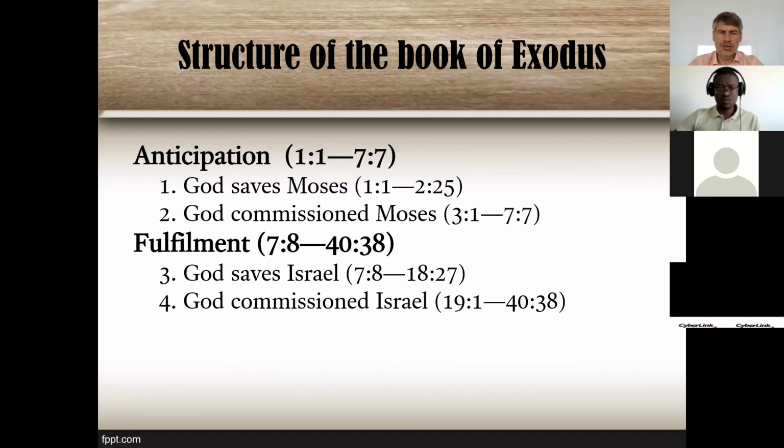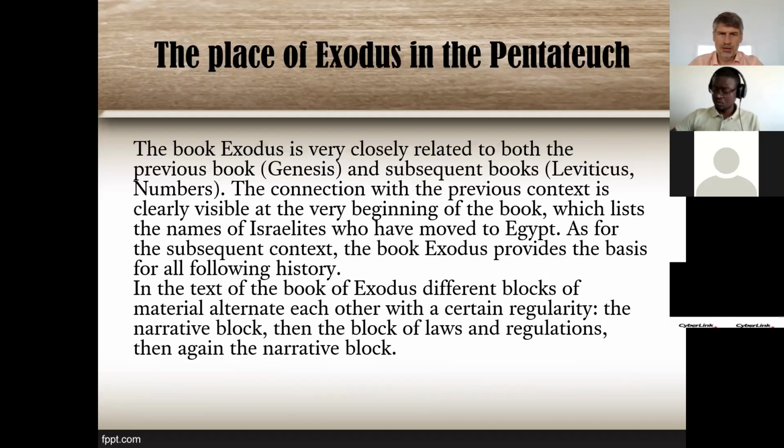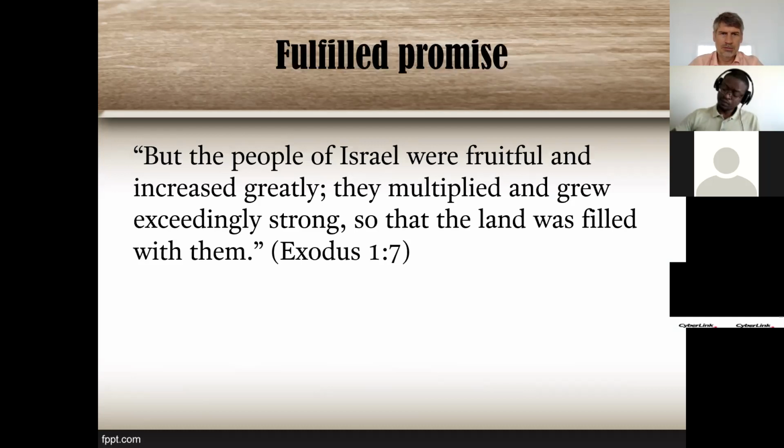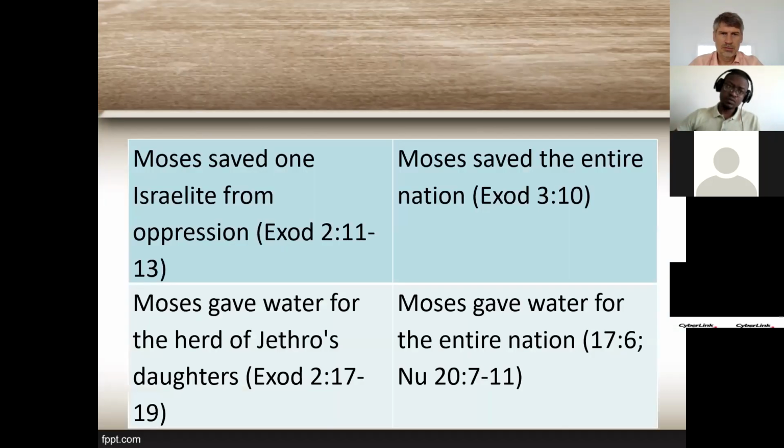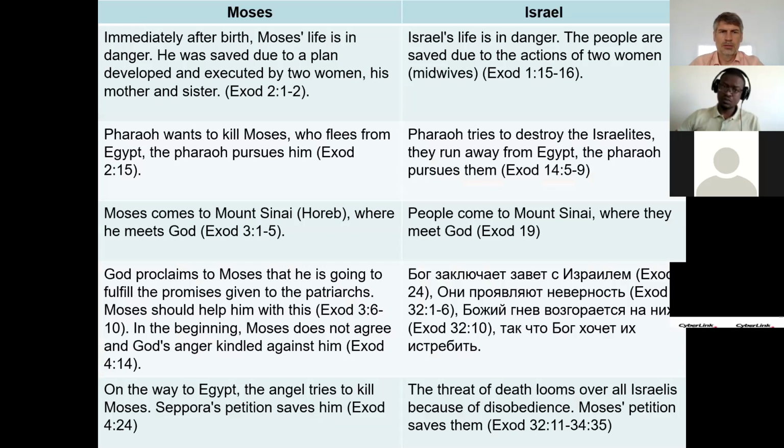And we can find that these parallels could be extended. For example, like this. Here you can see those parallels, Moses and Israel.